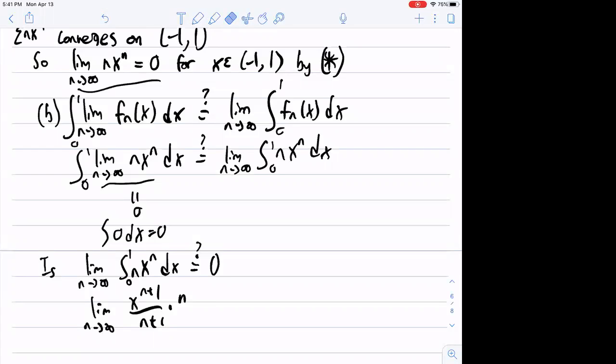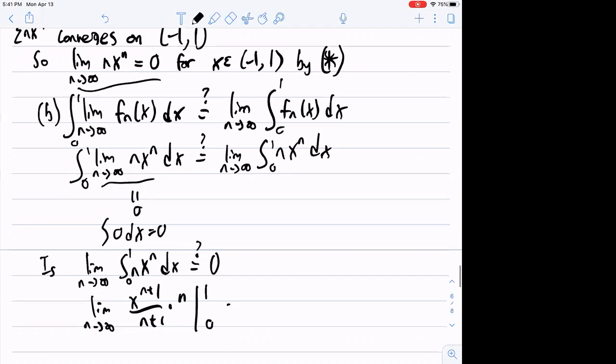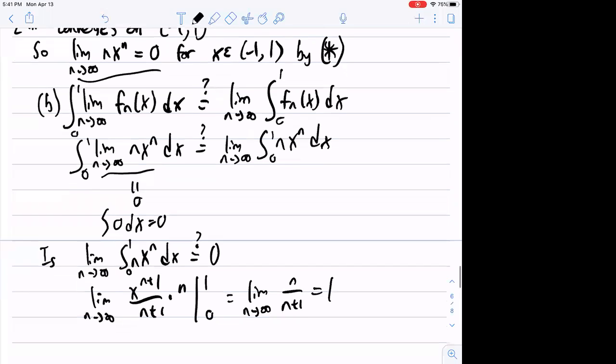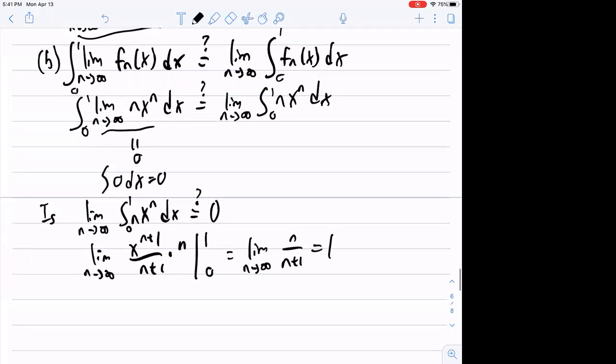When you integrate, you have to evaluate at the bounds. So I don't care about 0, right? If I plug in 0, I get 0, so I just need to plug in 1. And when I plug in 1, I get limit n goes to infinity, n over n plus 1. That is 1, right? So here you get 0 on this side, and this thing is 1.